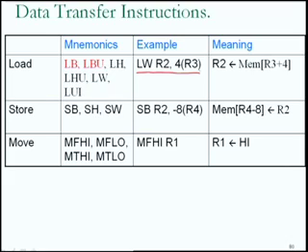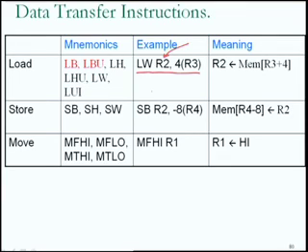So this is an instruction which is load word R2, 4(R3). Now we know that the load word instruction is a load instruction, so it is used to copy data from main memory into a register. The register is being specified in register direct addressing mode in this case. So R2 is the destination operand of this load word instruction. And I am following the convention of putting the destination operand first in this particular case.